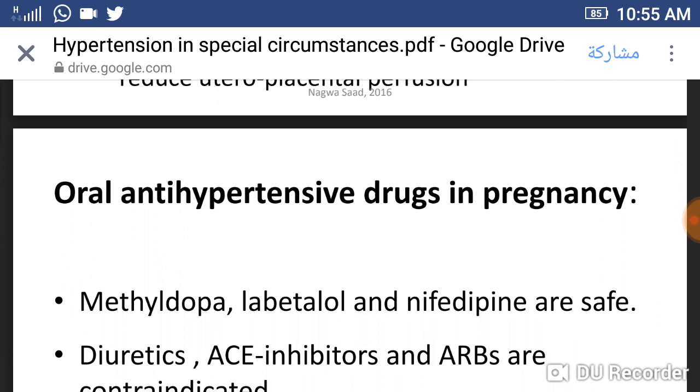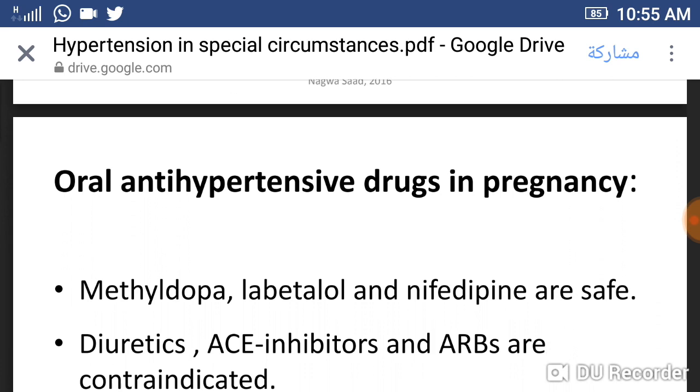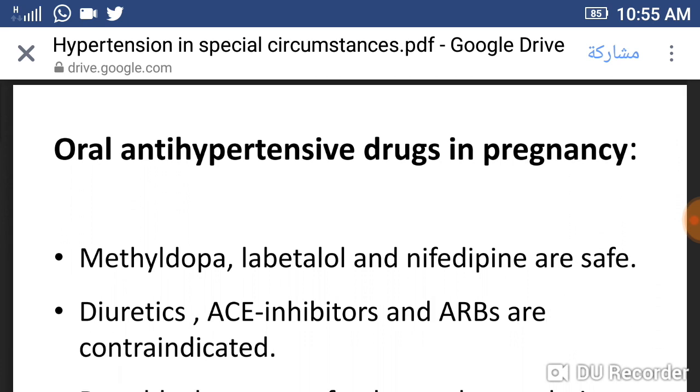Oral antihypertensive drugs in pregnancy, methyldopa, labetalol, and nifedipine, are safe. Diuretics, take care at this point, as those are the most widely used antihypertensives.